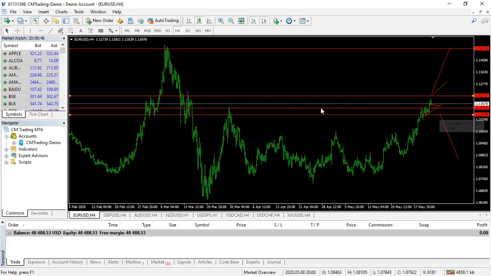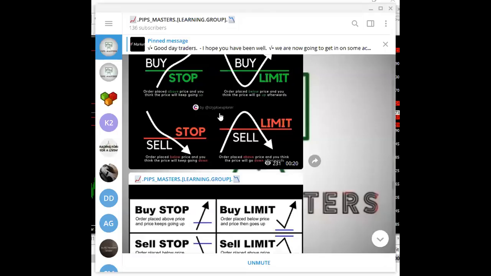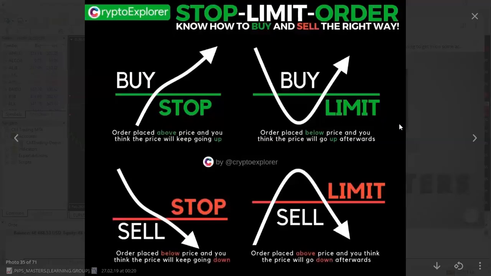Okay, so how do you set these pending orders, or what do these pending orders look like? These are the pending orders. I hope you see this. So we have buy stop, buy limit, sell stop and sell limit.